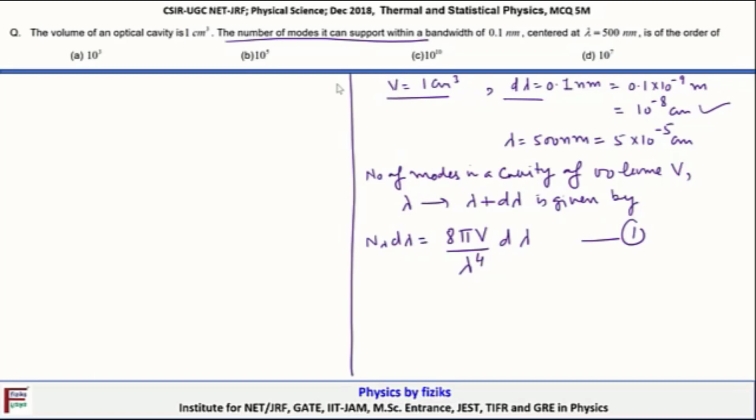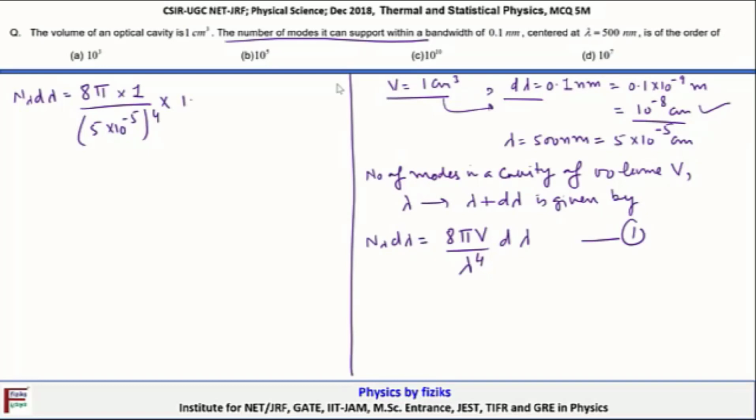Okay, so therefore n lambda d lambda is equal to 8 pi V, and because we have changed the entire information into centimeters, the volume is 1 cubic centimeter, divided by lambda to the power 4. So lambda is 5 into 10 power minus 5 centimeter, raised to the power 4, and multiplied by d lambda. d lambda is 10 power minus 8 centimeter.